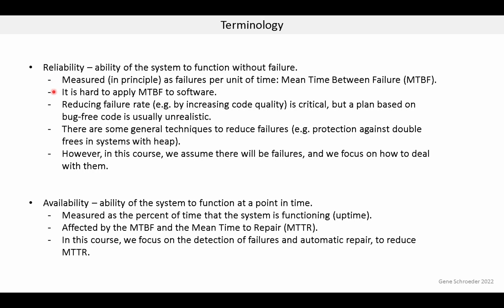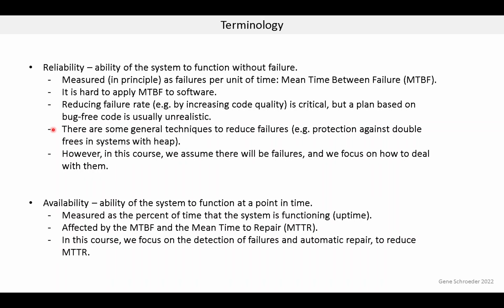This works for hardware and other kinds of things that wear out. It's hard to apply MTBF to software. It just is a different thing. Now, reducing failure rates, for example, by increasing code quality, is critical to increasing your reliability. But a reliability plan based on bug-free code is usually just unrealistic.